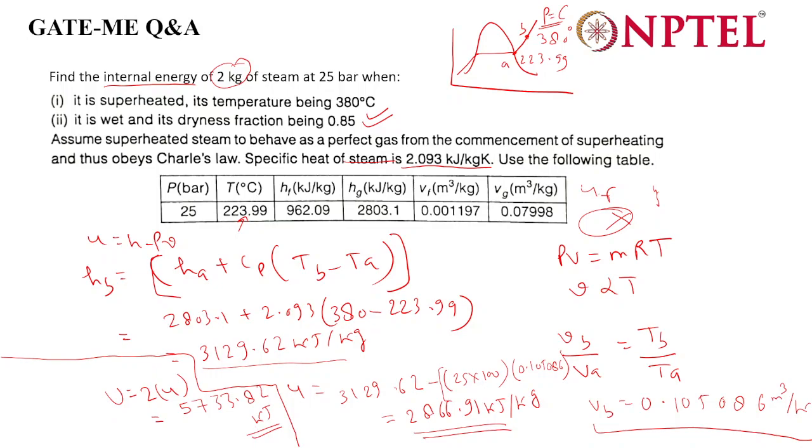Enthalpy of B you are telling 33? No, sir, I'm telling 5733, that is it.